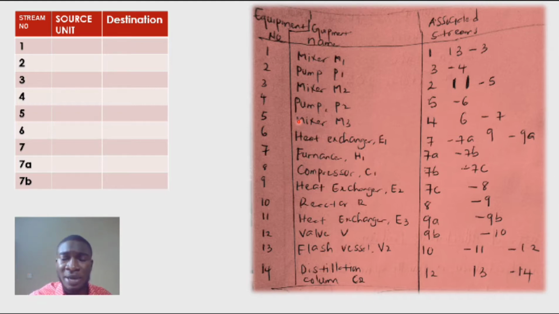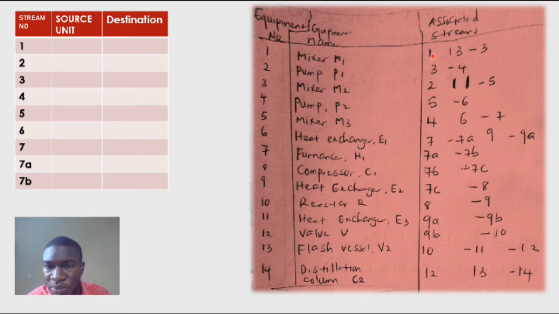How I do mine is to look at the stream numbers. The positive stream numbers tell me the destination unit, while the negative stream numbers tell me the source unit. For instance, if a stream number is plus 1, it tells me the destination of that stream. So positive for destination, negative for source.